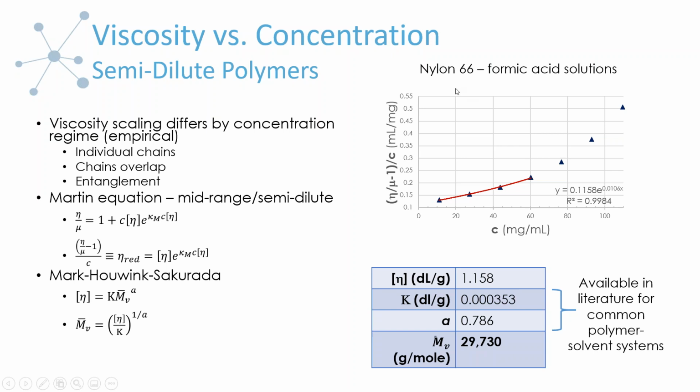And for nylon 66 in formic acid, I was able to go to the polymer handbook and find both the prefactor and the power law exponent for this relationship. So knowing the intrinsic viscosity that I got from the data from the model fit, and getting these well-known parameters, which I got from the polymer handbook, I could get some estimate of the molecular weight of this polymer that I was measuring.